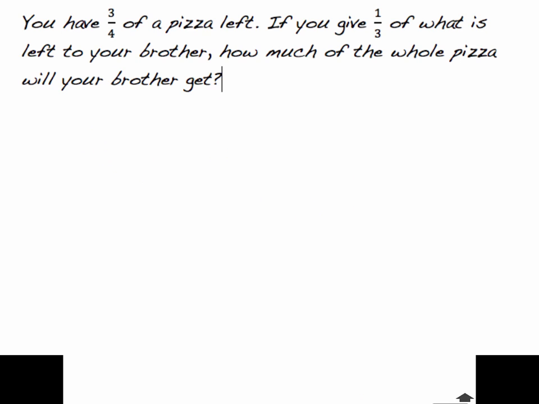We are going to use the same problem. We are trying to find 1/3 of 3/4, which is the same thing as saying 1/3 times 3/4. In multiplication, you do not have to have a common denominator. So one way we could do this problem is we can just multiply our numerator straight across. So 1 times 3 is 3.